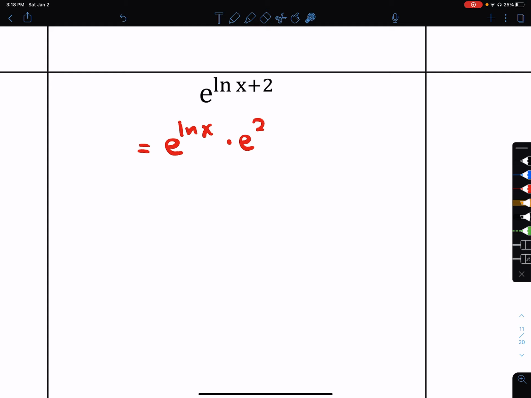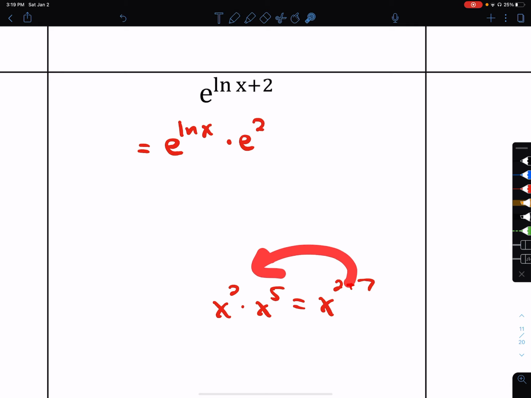That is a property of exponents. If you are multiplying with the same base, you add the exponents, which stands to reason if you're adding exponents, you can rewrite it as the same base multiple times, and then one of those is one of the exponents and one of them is the other one. So typically we had something like x squared times x to the 5th. We would say that's x to the 2 plus 5.